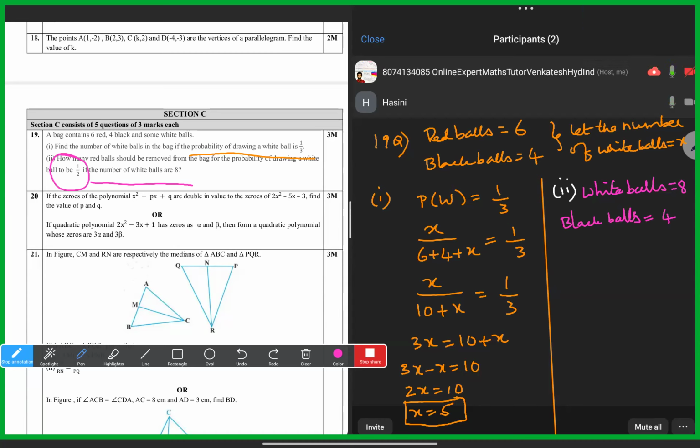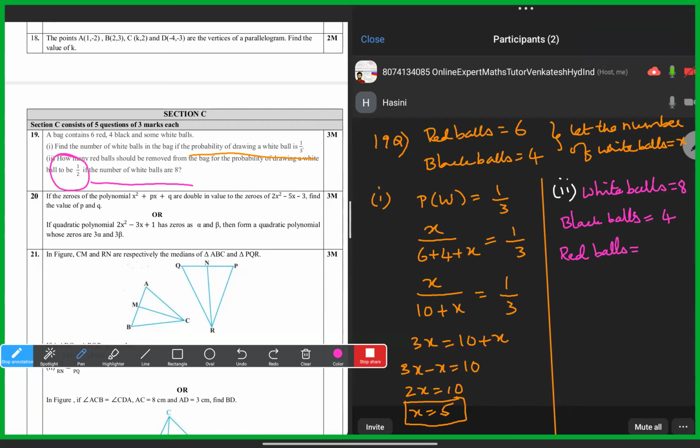So red balls, originally how many are there, Hasni? 6. Now they said that in this question they removed some red balls. So let us take y balls are removed, because already x we used it.